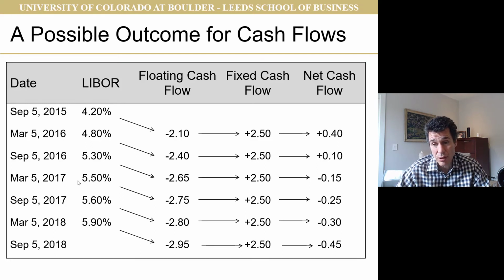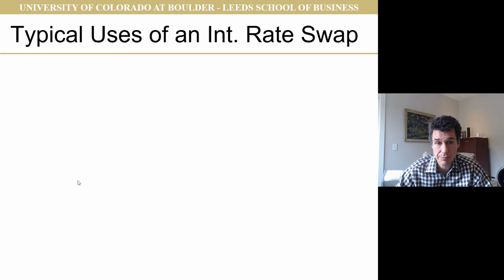So because interest rates are lower in the short term, 6-month LIBOR is lower than the 3-year interest rate swap rate. So the 2.5% that Microsoft's going to receive is going to be higher than the money they have to pay. Eventually, that switches, and we end up that Microsoft is going to pay money at the end. They receive money at the beginning.